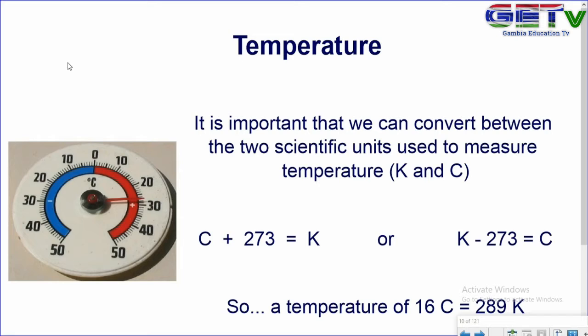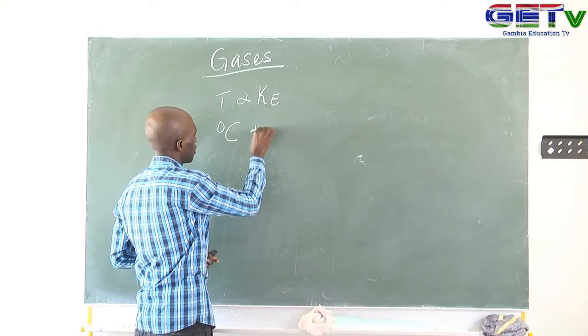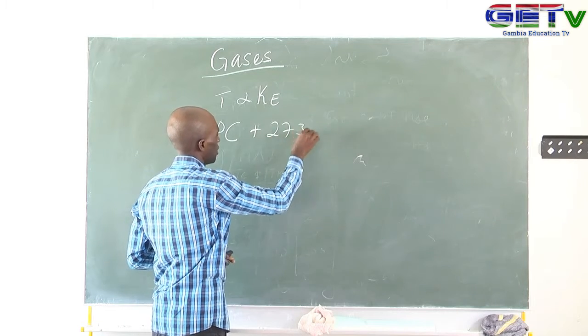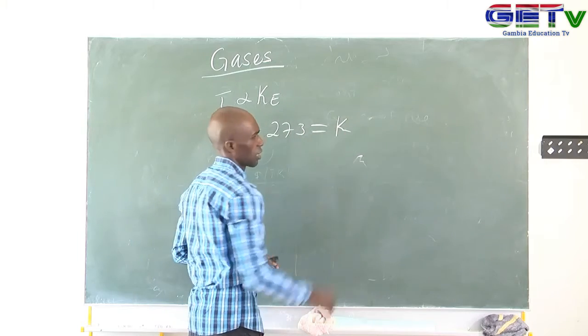It is important that we can convert between the two scientific units used to measure temperature, that is Kelvin and degrees Celsius. We'll be doing this conversion in our subsequent calculations, that is converting between degrees Celsius and Kelvin. So to convert to Kelvin, Celsius plus 273 will give us Kelvin.